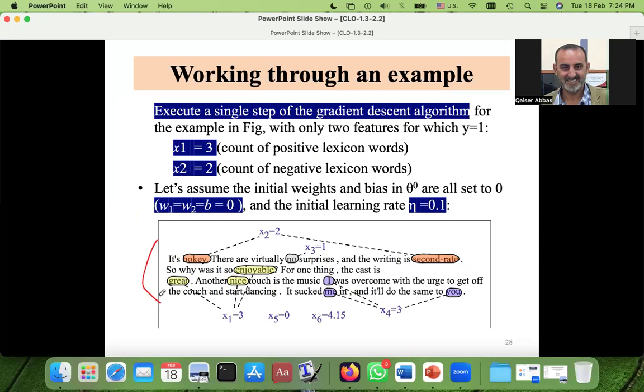In the previous example we had 6 features, but here we are considering only 2 features, the important ones, and leaving the others, only for this example: x1 and x2. Here x1 is the count of positive words, which is 3, and x2 is the count of negative words, which is 2.